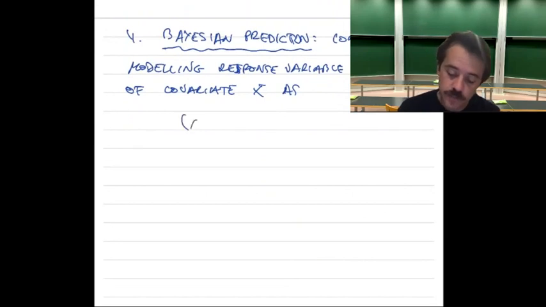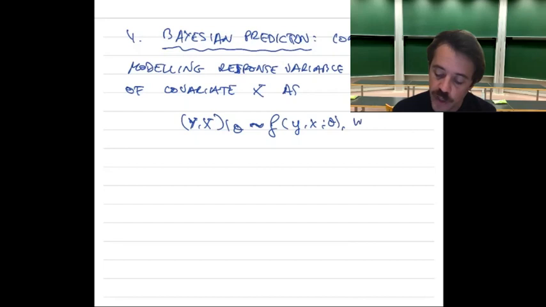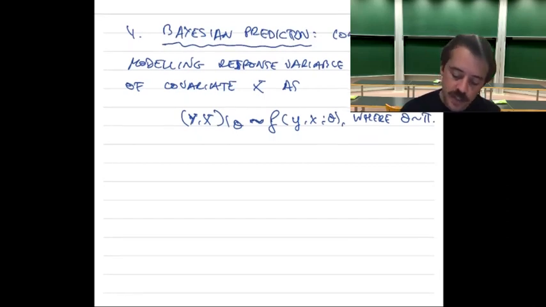So we say that Y and X, at least when taken together, if they are conditioned on this theta, which is random and distributed according to the prior, then this follows the following PDF or PMF. This is just the usual f, and this is again where theta is distributed as the prior distribution. Okay.